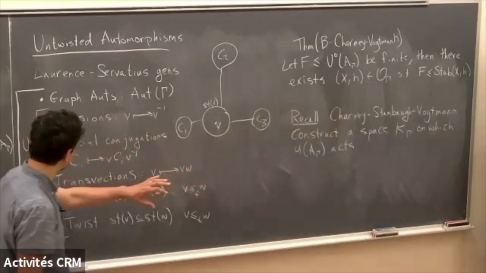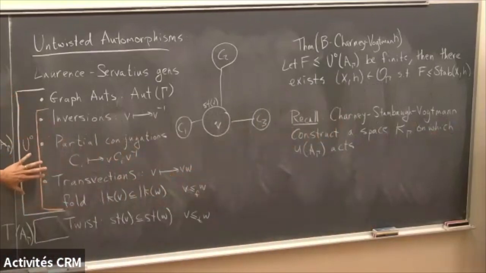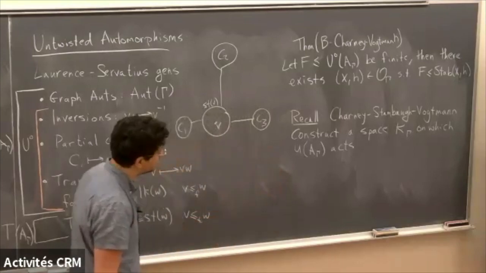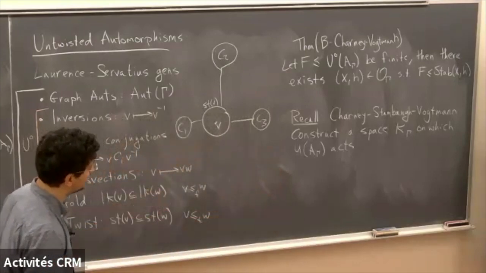Okay, and this thing is again capturing somehow the free part. You know, all these automorphisms involve generators that don't commute with one another. So it looks a lot like the spine of outer space.